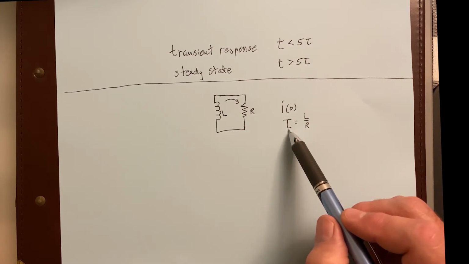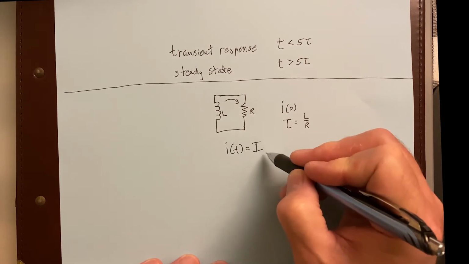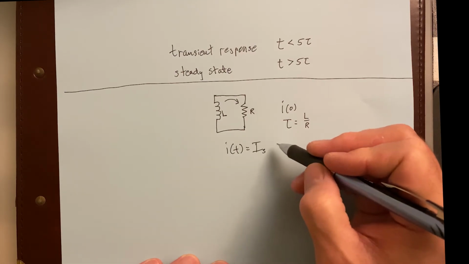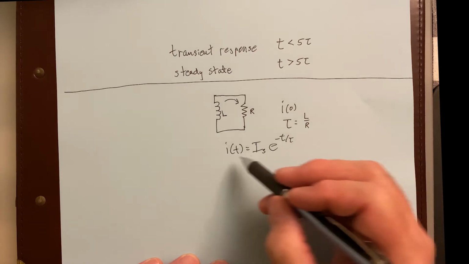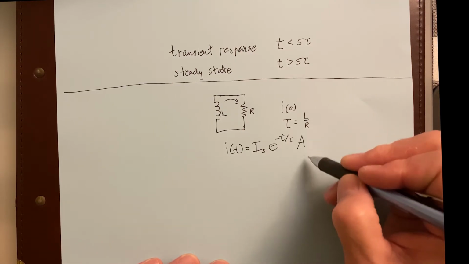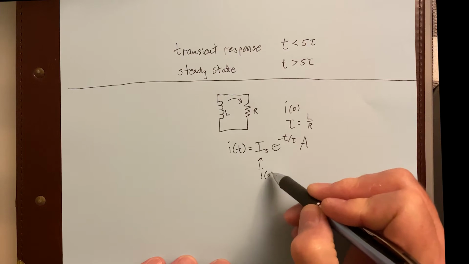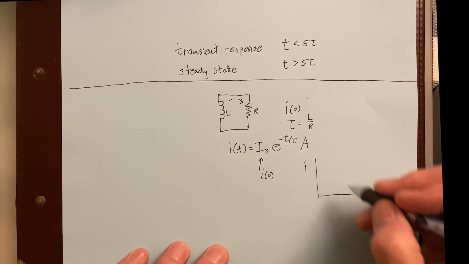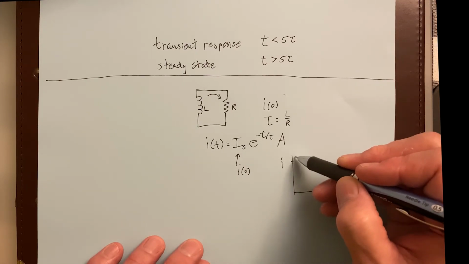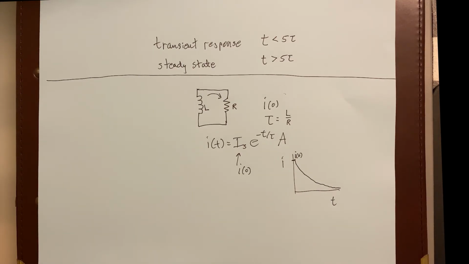Calculate what tau is, and then just plug it in to this equation, e to the negative t over tau. There's your answer. That is the current equation in units of amps. This I sub s, that is what I called I0 right there. In other words, it's the initial or the maximum current. And you know that over time, if we were to plot it, it starts off at that maximum value and it decays over time into 0 in the limit.